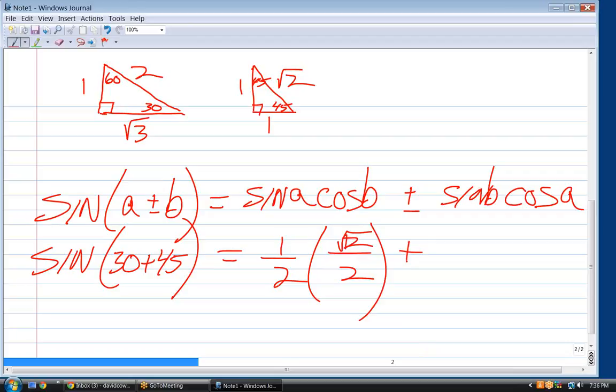Plus, not plus or minus, plus, in other words, whatever this sign is has to agree with this. In the cosine, it's always the opposite of that. And the sine of 45? Is that also √2/2? And the cosine of 30? √3/2.